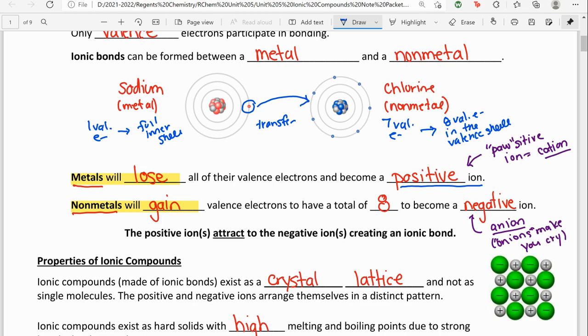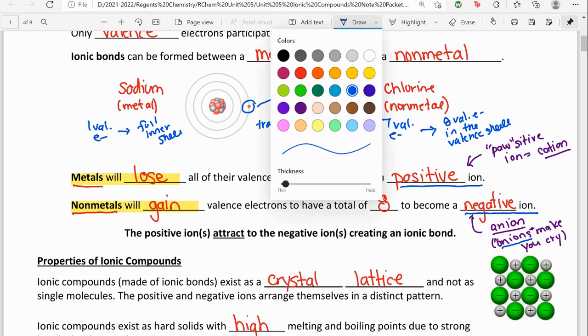Nonmetals that gain those negative electrons will now become negatively charged, so they'll form a negative ion. And we refer to negative ions as anions. So when I see the word anion, I think of the word onions, and onions kind of make you cry. Most people have a negative feeling about cutting up onions. So anions are your negative ions.